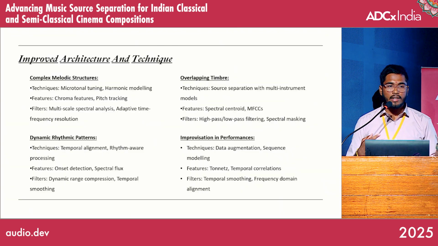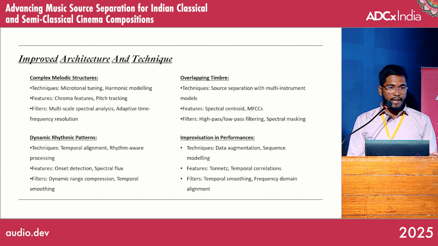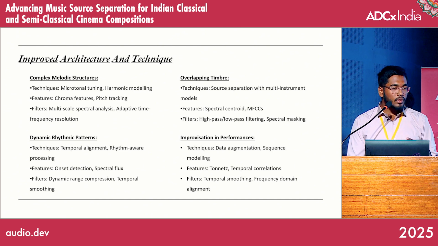So based on the abstract features, what observation have we made? We need to improve the existing Spleeter architecture with certain techniques so that it can perform well for the Indian classical music system.